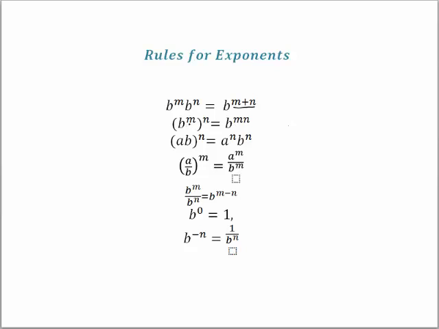When we have a variable with an m exponent raised to the n exponent, we multiply the exponents. And when we have two variables raised to the n exponent, we can raise each one of those variables to the n exponent, and it will be the same thing.